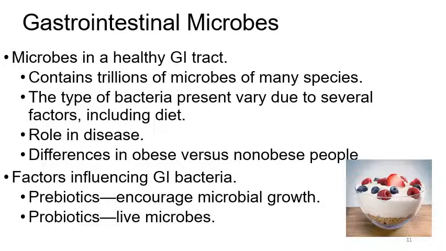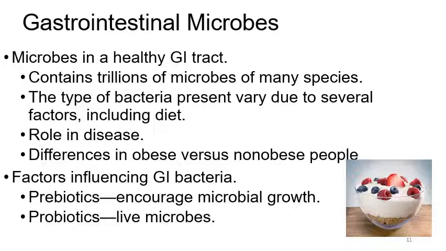Gastrointestinal microbes. There are microbes in the healthy gastrointestinal tract, the GI tract. It contains trillions of microbes of many species, a lot. The type of bacteria present varies due to several factors, including your diet, so it all depends on what you eat.